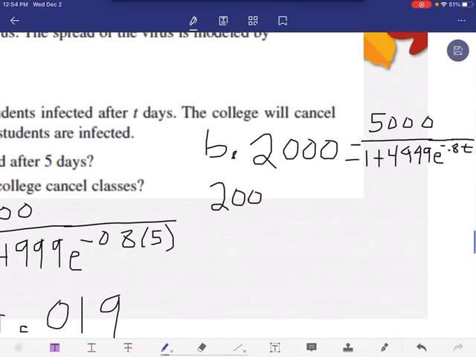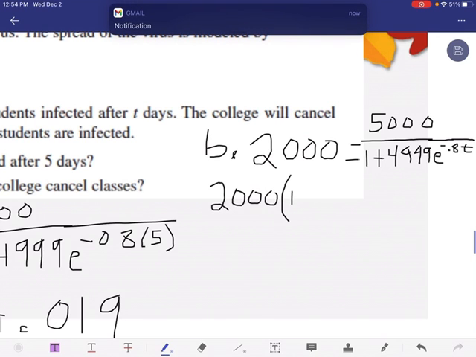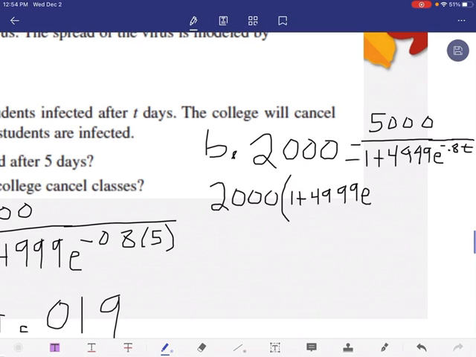So we would want to multiply both sides by that right side denominator, because that's going to allow us to get the E into our numerator.